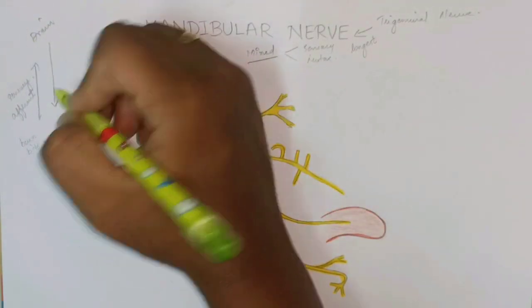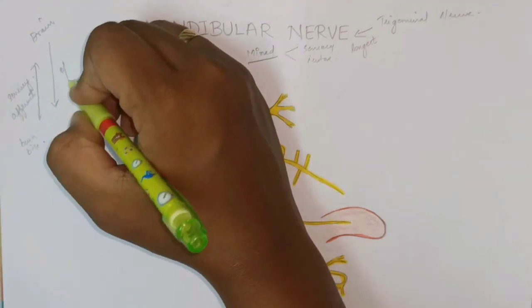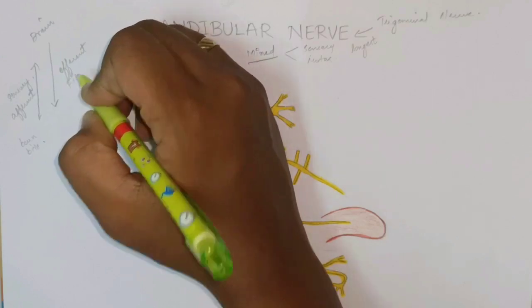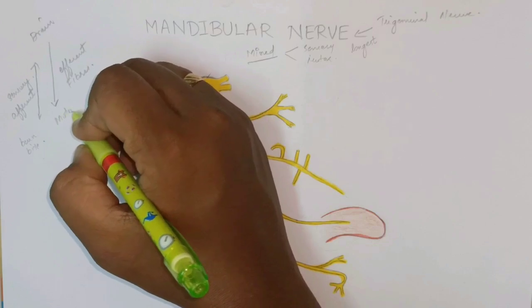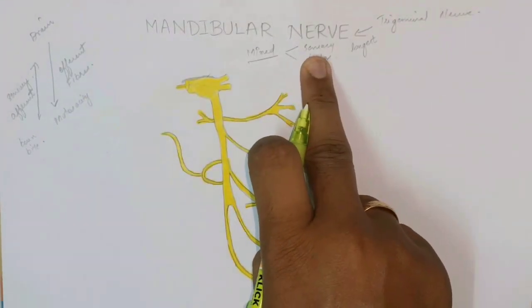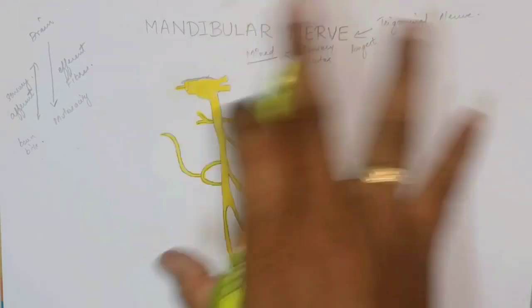The signals from the brain to the corresponding area are carried by efferent nerve fibers, and this process is called motor activity. So I'm writing efferent fibers, E. It starts with E, and these are motor fibers. So as I said earlier, the mandibular nerve has both the sensory root and the motor root.